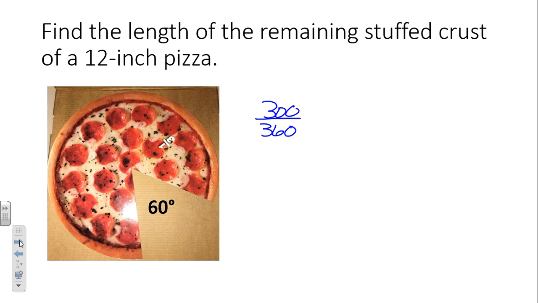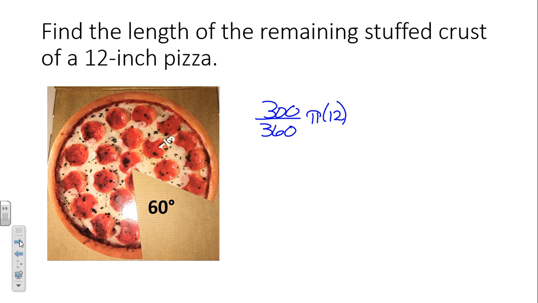300 out of 360 times our circumference. Are we using pi d or 2 pi r here? Might as well use pi d because we've got a 12-inch diameter, right? So 300 out of 360 is going to reduce to 5/6.